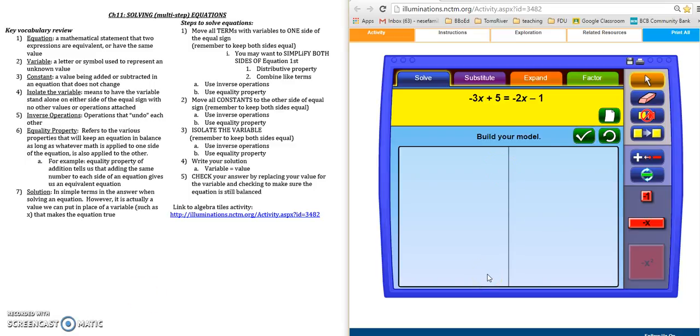Now let's try an example with variables on both sides. First, we build our model. Negative 3x plus 5 is the expression on the left. Negative 2x minus 1 is the expression on the right. So we drag 3 negative x's and 5 positive 1s. There's another option here that duplicates.